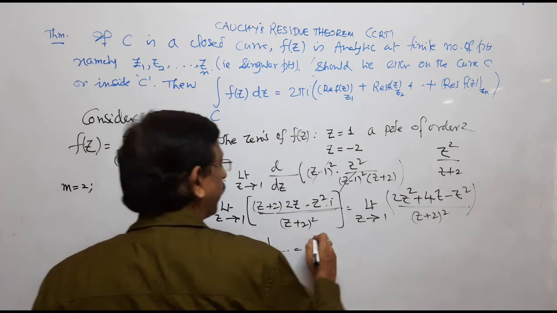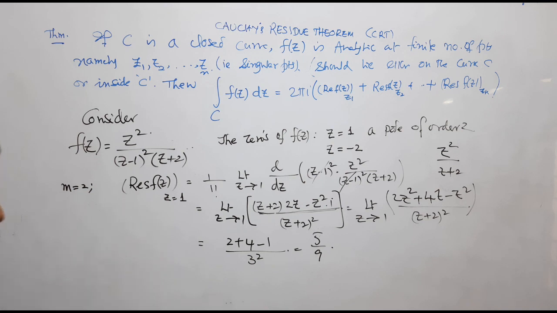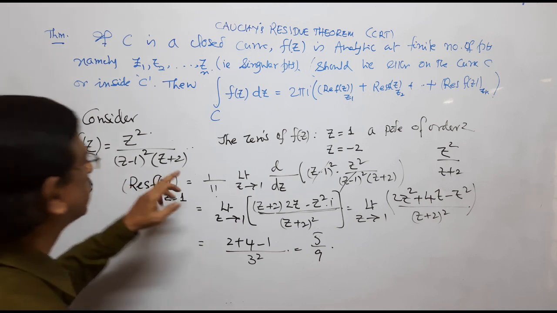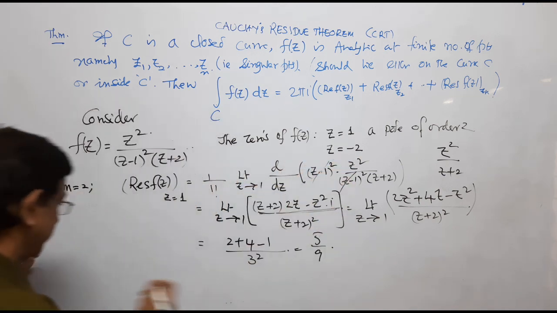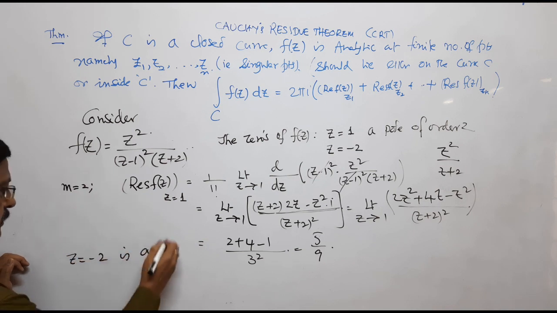So this is 5 by 9. So the residue of f(z) at z equal to 1 is 5 by 9. What about the fate of z plus 2, z equal to minus 2? It is a simple pole. z equal to minus 2 is a simple pole.